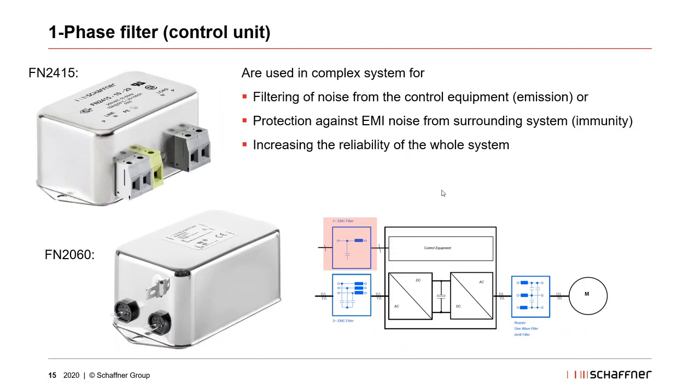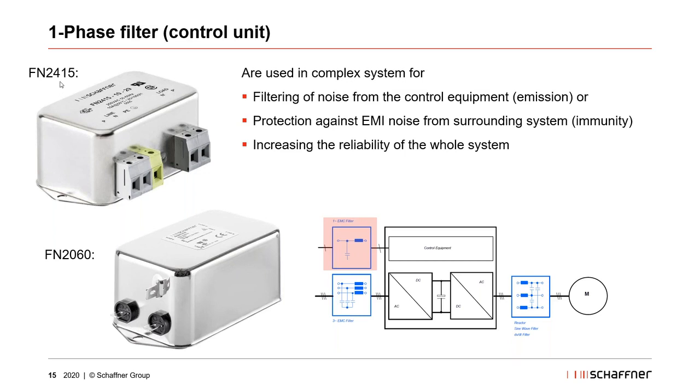Okay, single phase filters at the control unit are used in complex systems for filtering of noise from the control equipment, so the emission of the control equipment itself, or protection against EMI noise from surrounding systems, the immunity. And they are increasing the reliability of the whole system. This is the idea for single phase filters. You see here on the left, one with really special terminals.